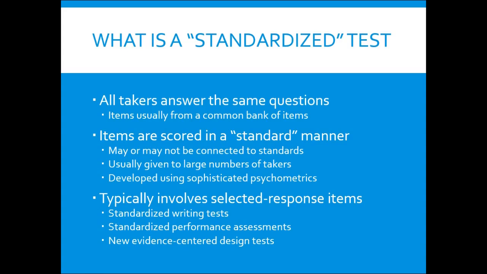The beauty of IRT is that it lets test developers figure out how difficult each item is relative to all of the other items in the pool. Once you've done this, it allows you to create different versions of the same test, and to equate different tests.